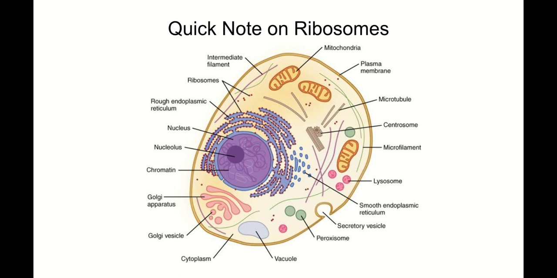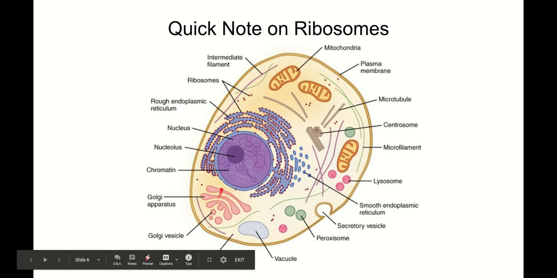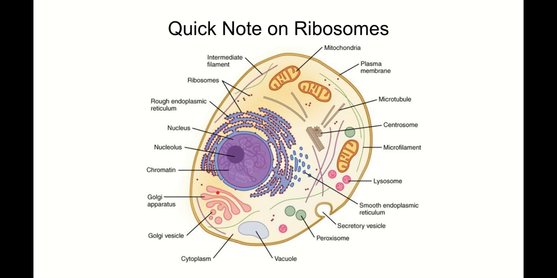So it makes sense that a protein made by a free ribosome is going to stay in the cytoplasm, as opposed to ribosomes found on the membrane of the rough ER, which is part of the endomembrane system that we just talked about. Normally those proteins are going to end up either being secreted out of the cell, stored in a lysosome, or stored in a vacuole, right? So those are not necessarily just going to be used in the cytoplasm. They're going elsewhere. So that's just a quick note about ribosomes.